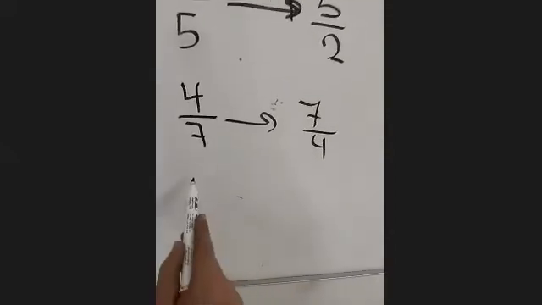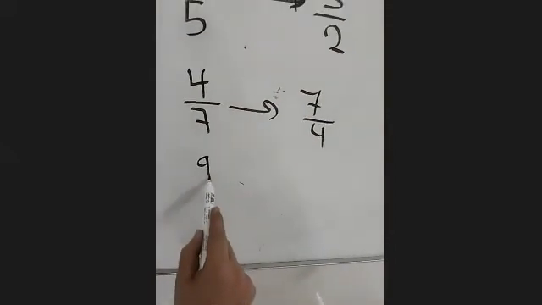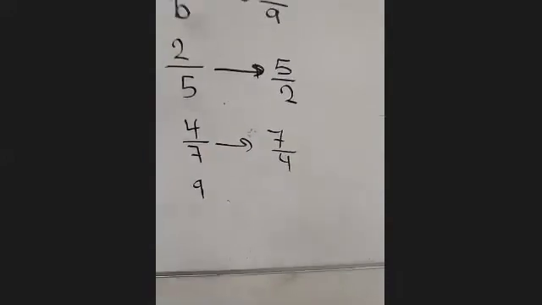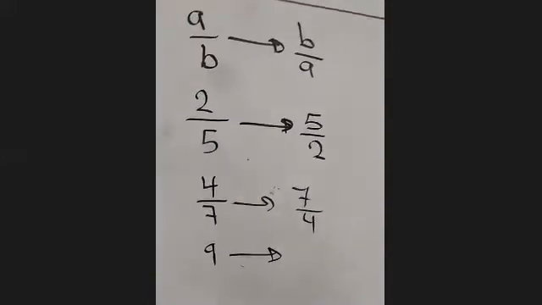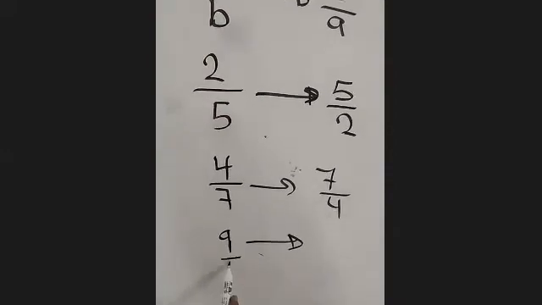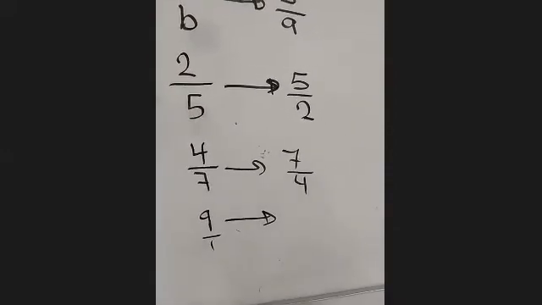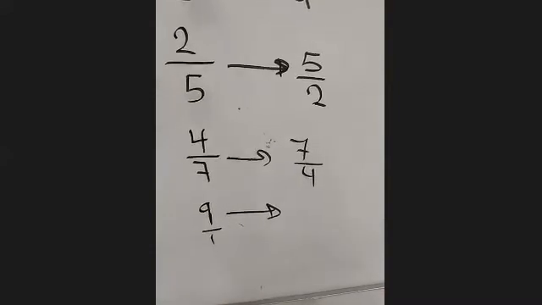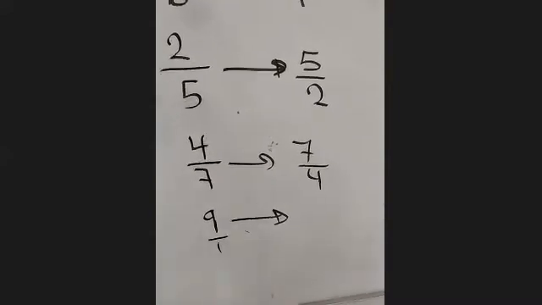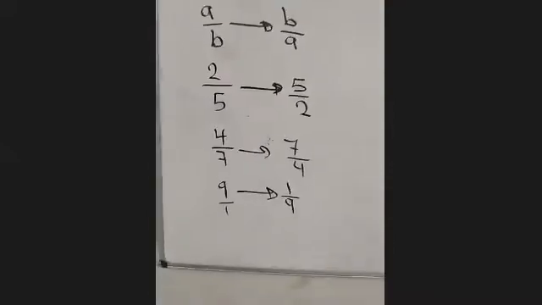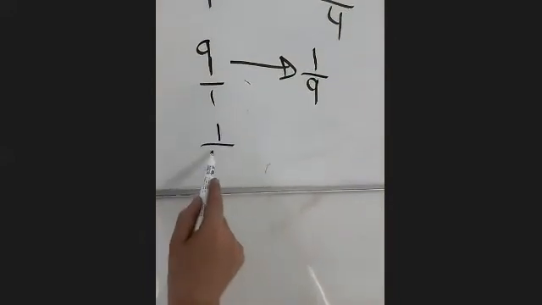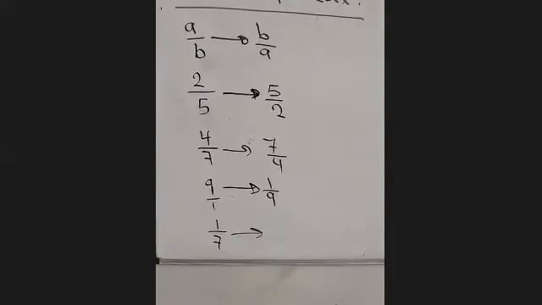But if we have a whole number like 9, what's the reciprocal of 9? Here we find the reciprocal of fractions, and 9 is a whole number. But we can make it 9 over 1. Any whole number, we can give denominator 1. So the reciprocal of 9 over 1 is 1 over 9. Got it, guys? What's the reciprocal of 1 over 7? We flip it.